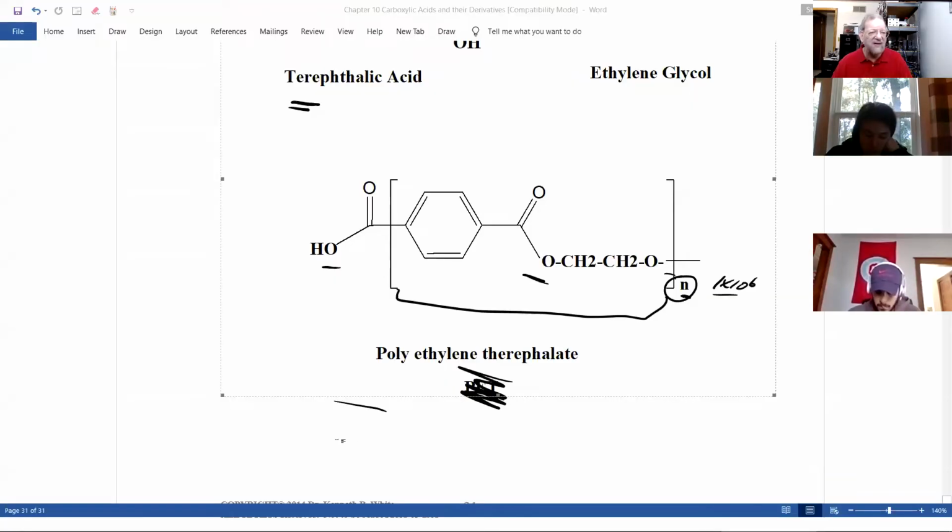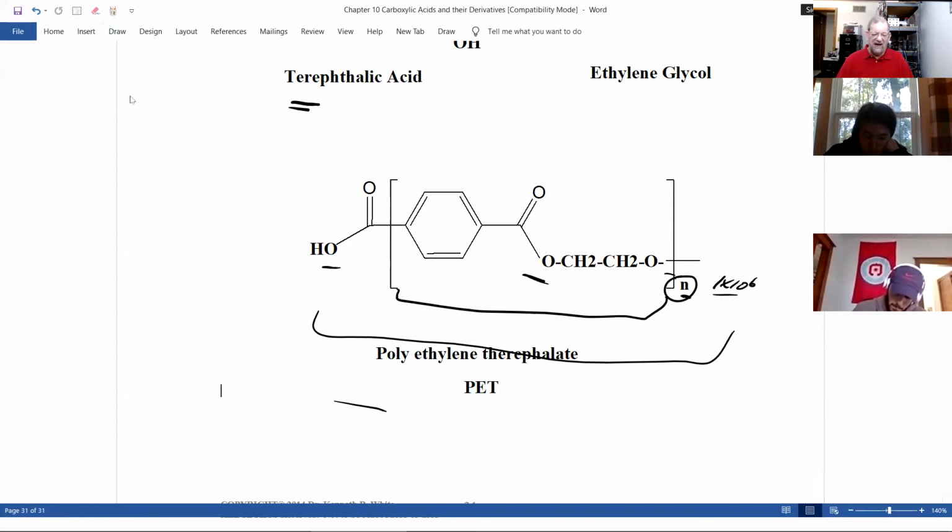So if you're wondering, why am I learning how to make an ester? Well, we used to make plastic bottles. And now I can undo that. And this is the structure of plastic 2-liter bottles or other bottles and other plastics.